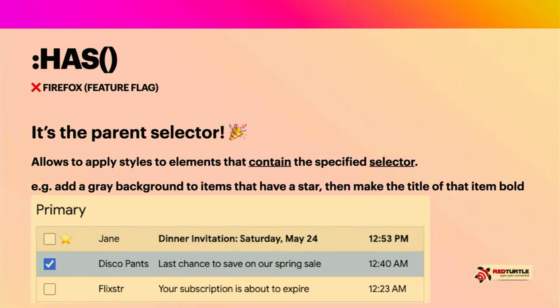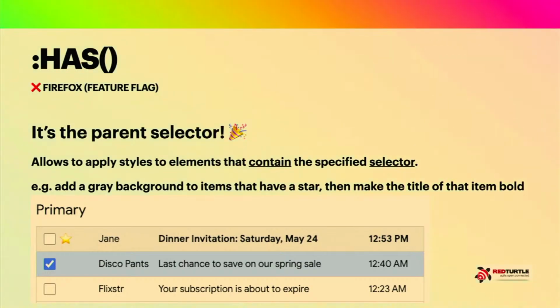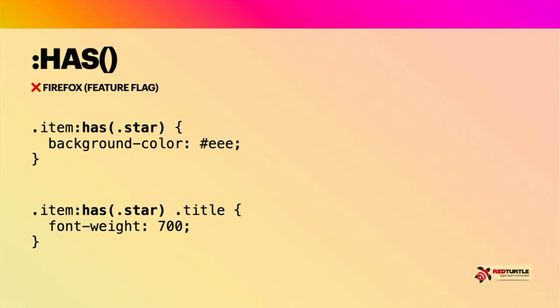Or you can have the title in a bold font weight if the item contains a star. Let me show an example for this. So if my item, that's the row there, has a star, its title should be bold.